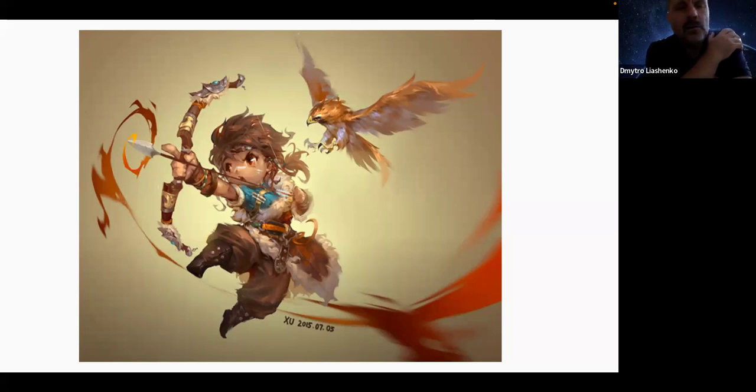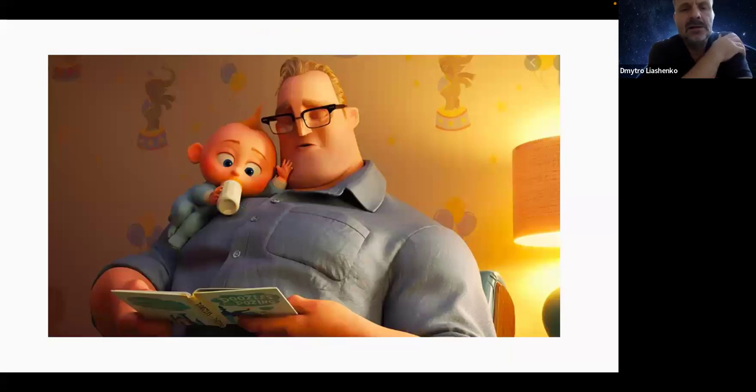This boy with a ball, maybe it's a very important person in this representation.